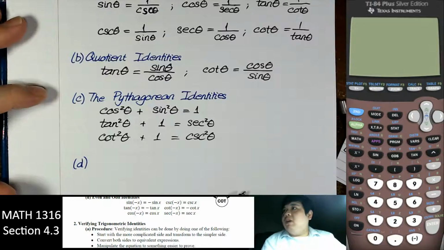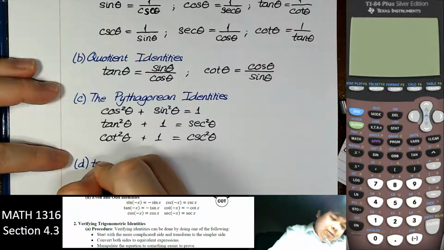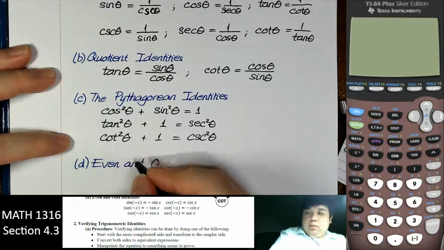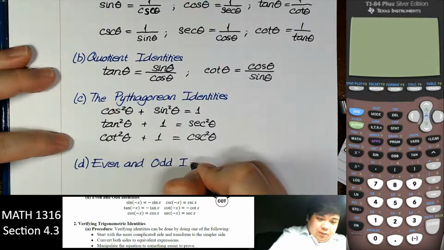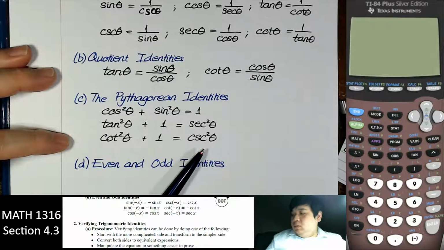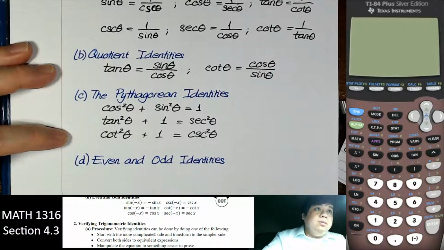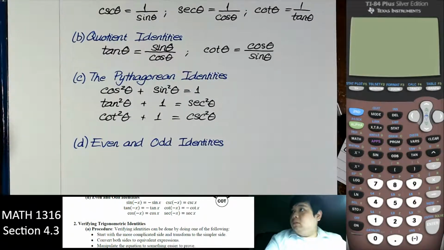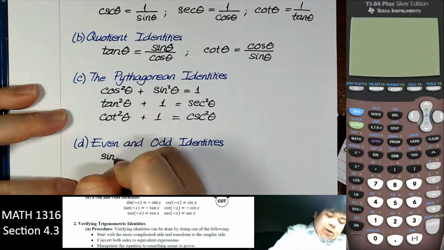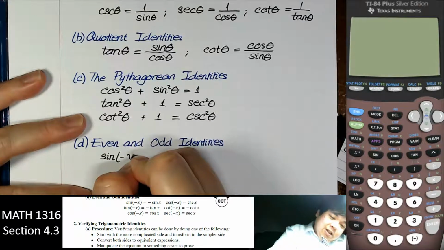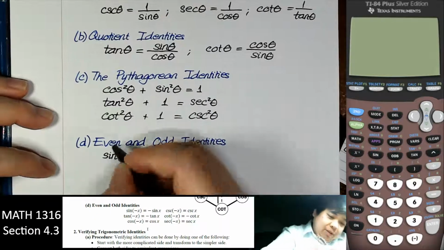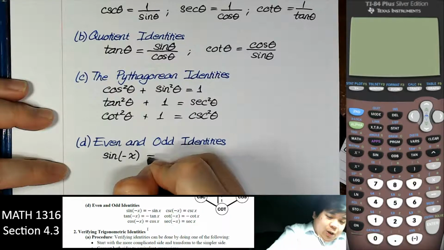Even and odd identities. So sine of negative x is equal to negative sine x.